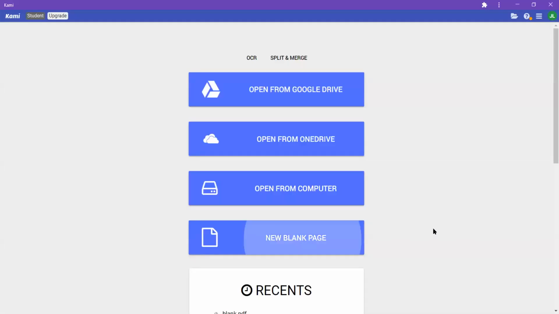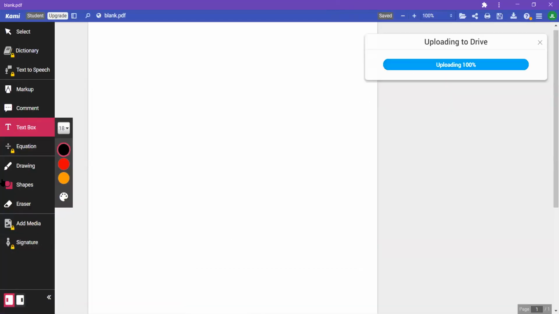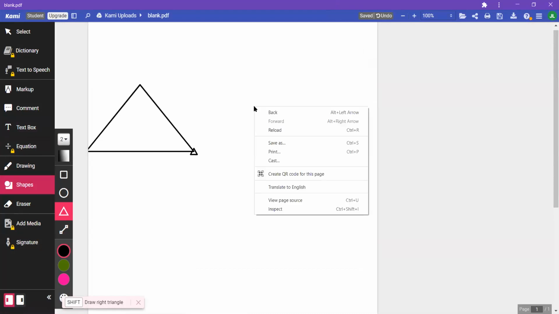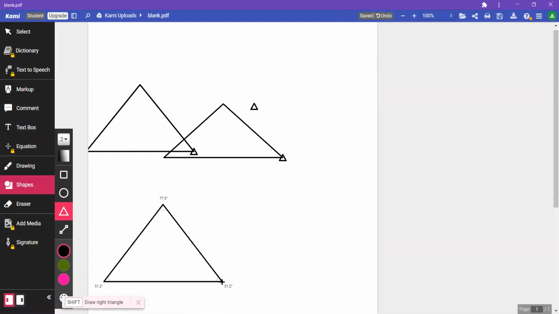That was the equation. Now let's have an example. Let me make a few triangles. Okay, so look at this one I'm drawing.